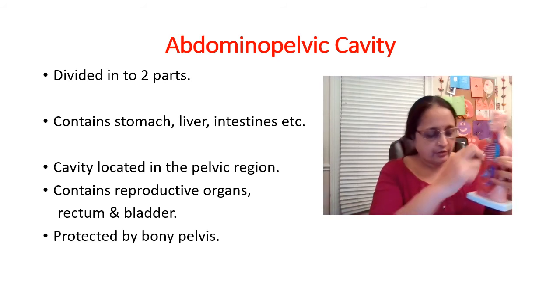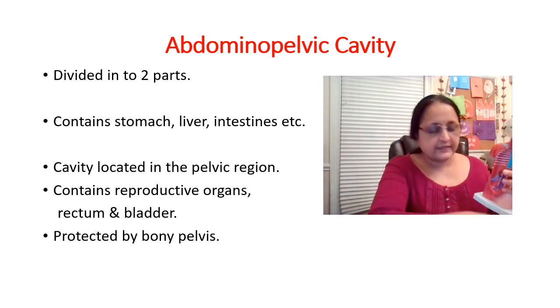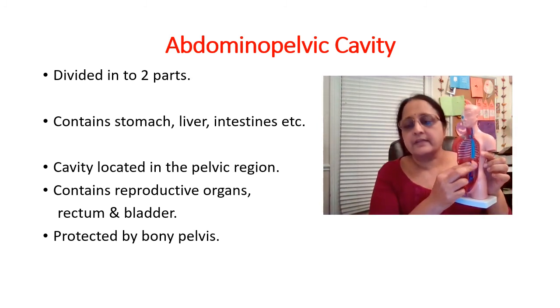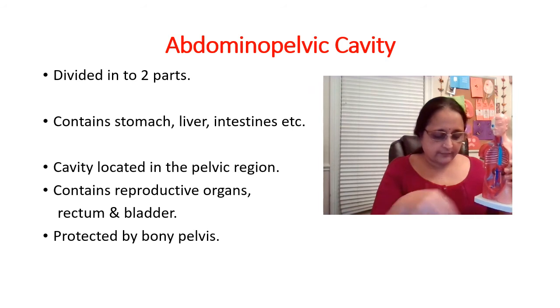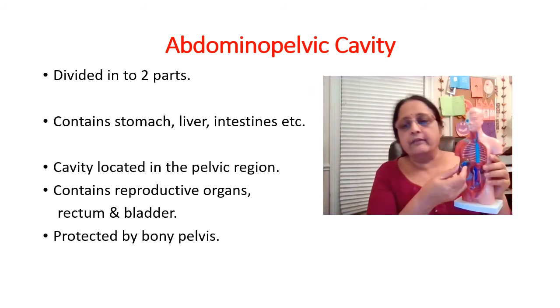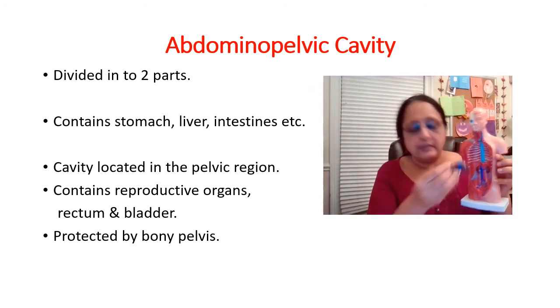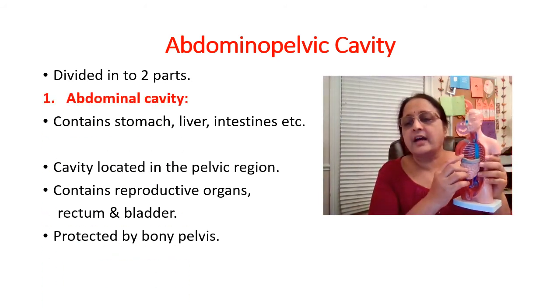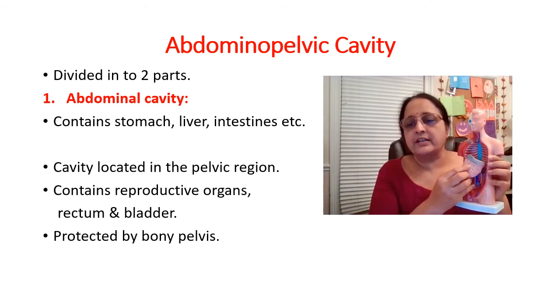So if you see what are the structures that are there in the abdominal cavity. This is stomach, and this is liver, and then small and large intestines. Large intestine is like this, the surrounding one, and the central one is small intestine.